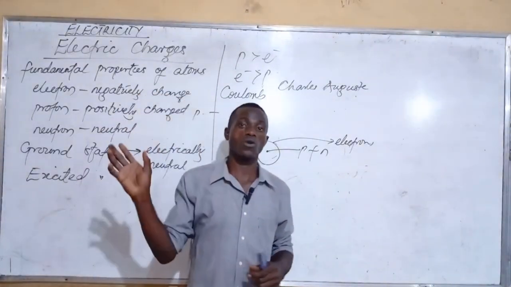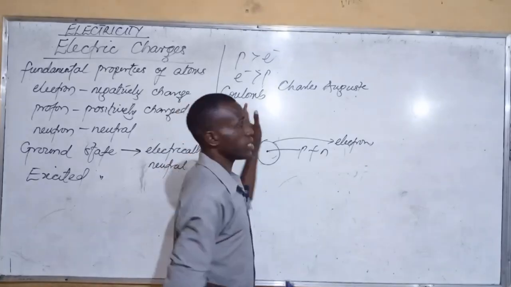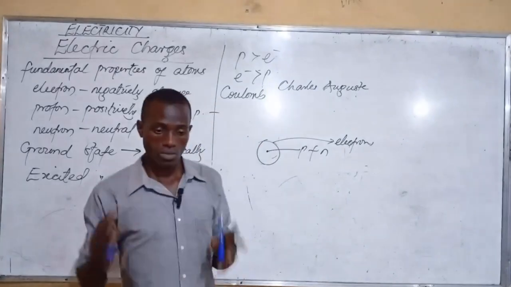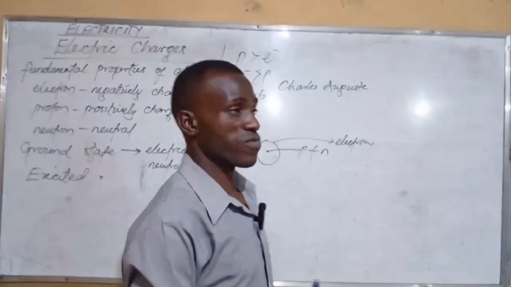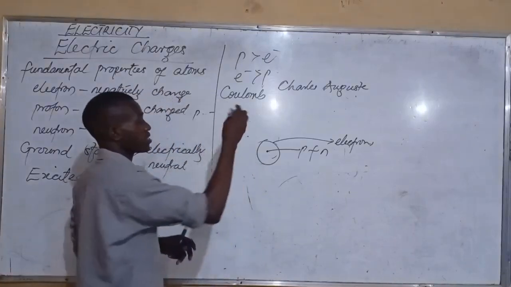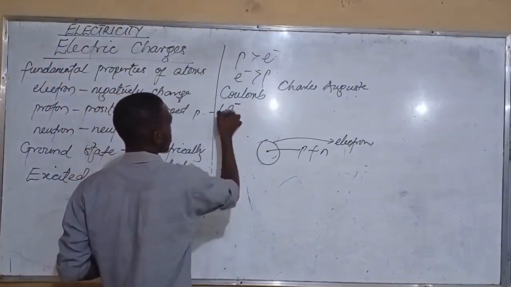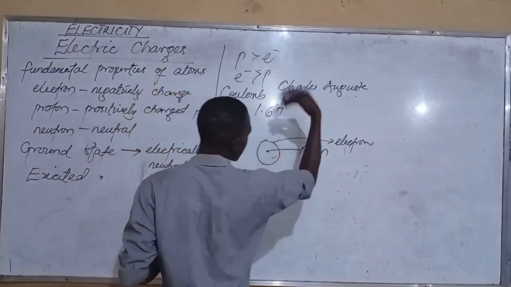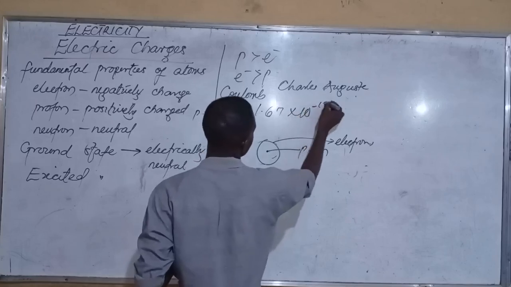Charges are quantized, and they are quantized in the unit of Coulomb. But the Coulomb is a very great quantity. So, for example, if you remember from basic chemistry, the charge of one electron is about 1.6 times 10 to the minus 19 Coulomb.